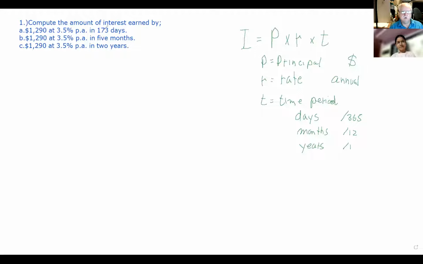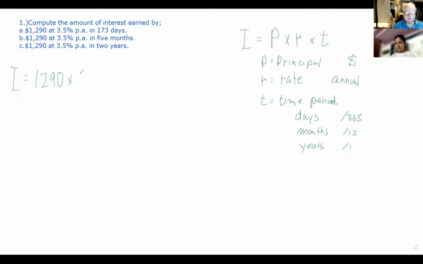So let's take a look at what they've done here. Compute the amount of interest, that's this big I, earned by this amount of money at 3.5% in 173 days. So I is going to be equal to 1290 times 3.5%.